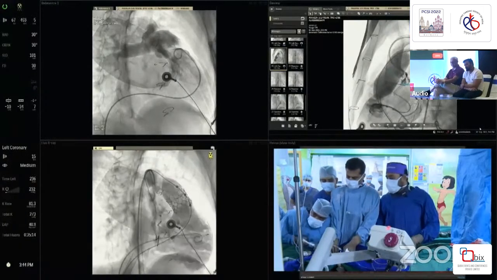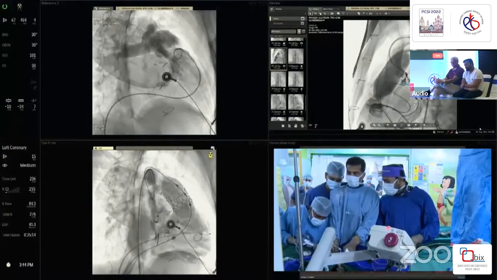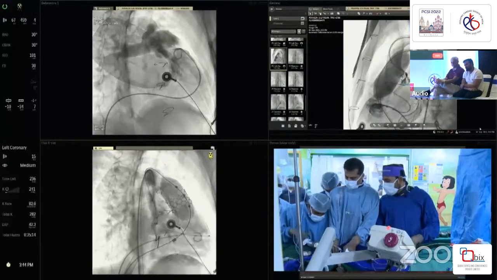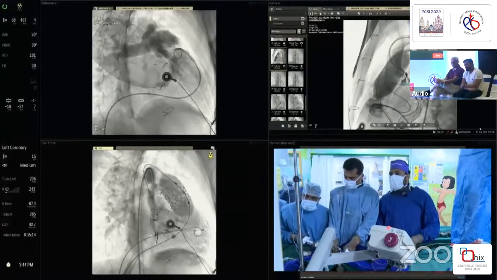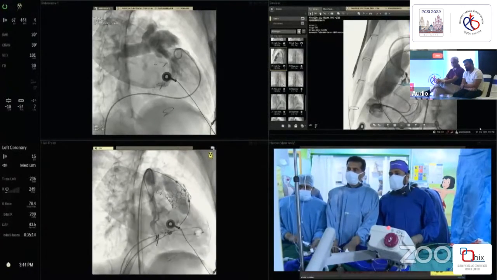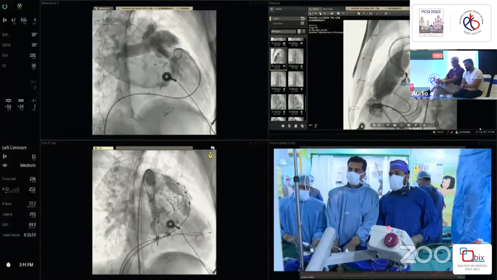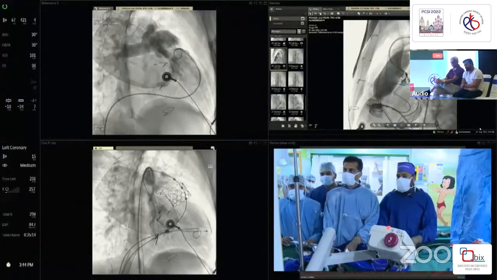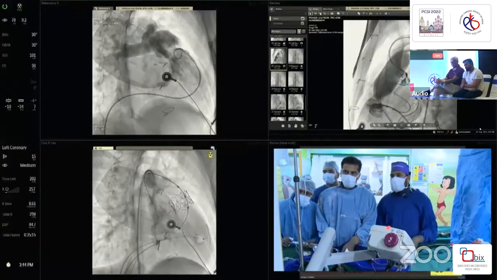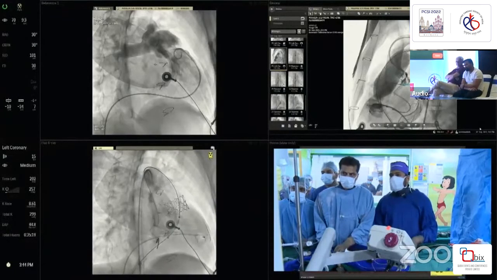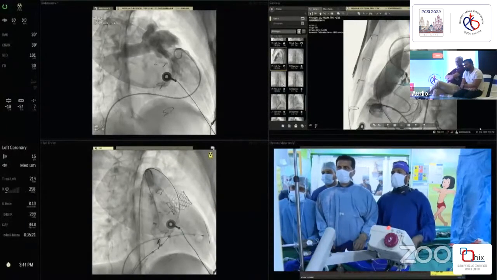More, fully. Okay, deflate. Stop pacing. Okay. Take the balloon now, sir.